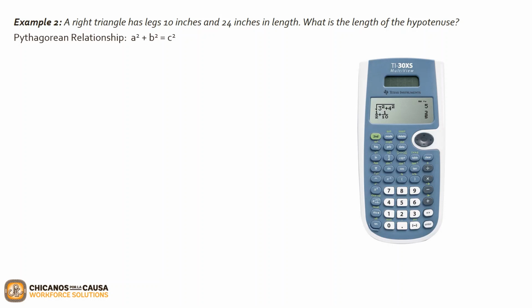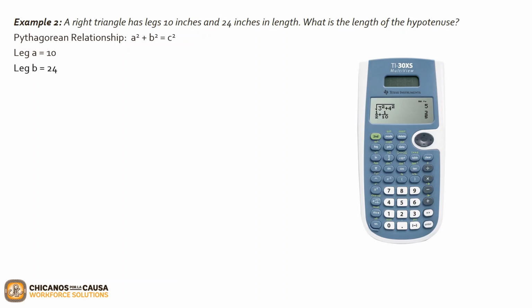The Pythagorean relationship is a squared plus b squared equals c squared. It means that leg A squared plus leg B squared equals the hypotenuse squared, the diagonal side of the triangle. We have leg A, which is 10 inches, and leg B, 24 inches, and we're missing the hypotenuse.